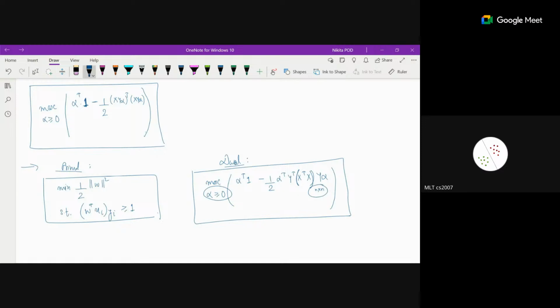And the third and very important thing which we are gaining from solving this dual problem is that if you look at this objective, you can see this X transpose X, which is nothing but your kernel K, right? So from here, you can also see that this problem can be kernelized, right?